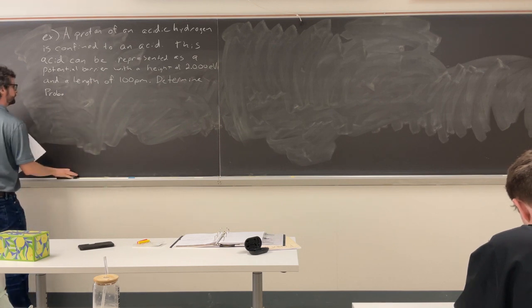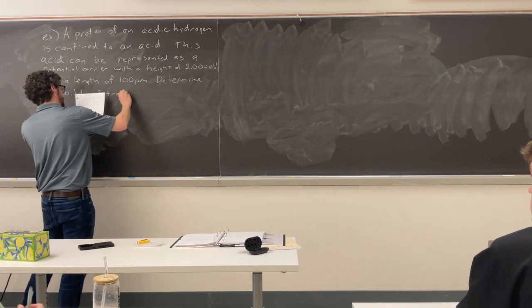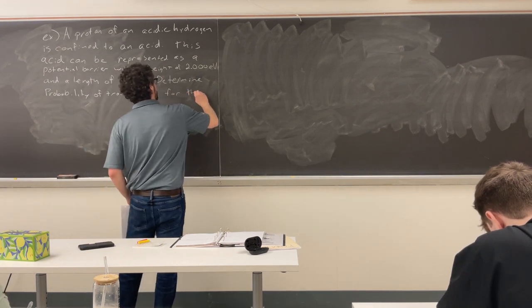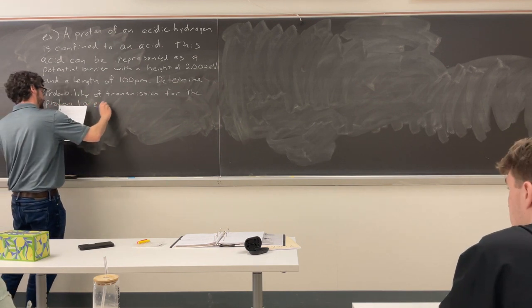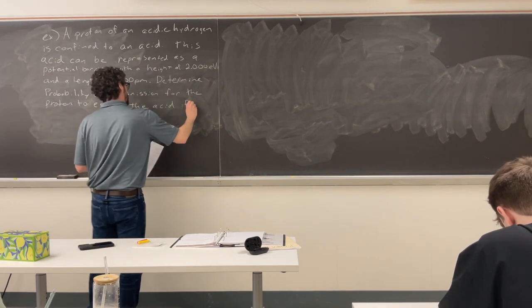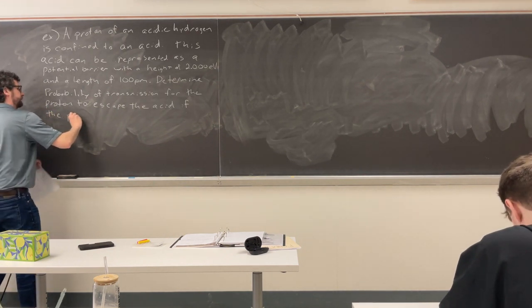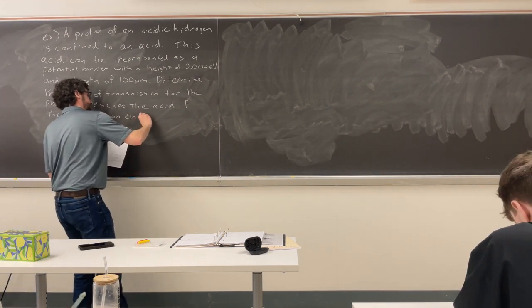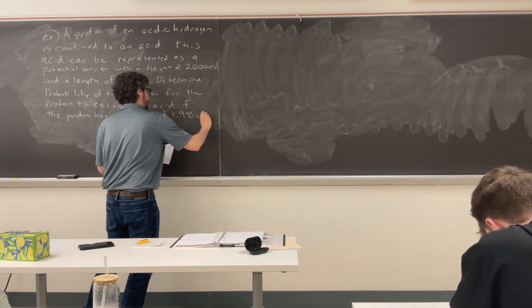Probability for the proton to escape the acid if the proton has an energy of 1.995 electron volts.